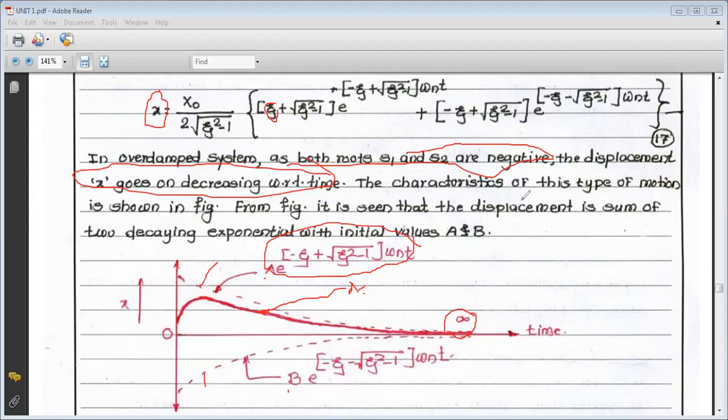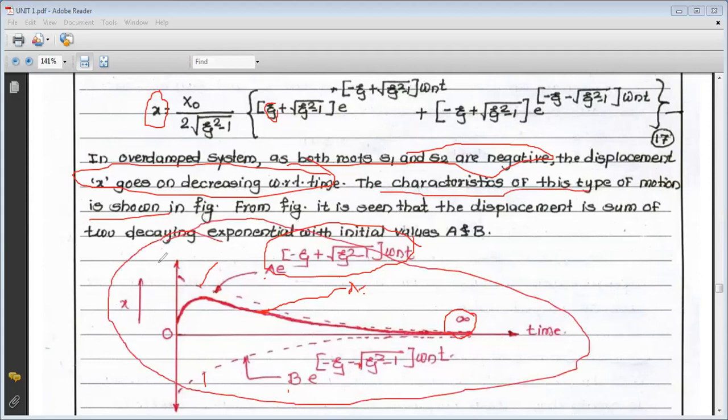Now the characteristics of this type of motion are shown in the figure. This is the characteristic for the overdamped system. What is a characteristic curve? It is the curve between displacement versus time. So it is seen that the displacement is the sum of two decaying exponentials with initial values a and b.